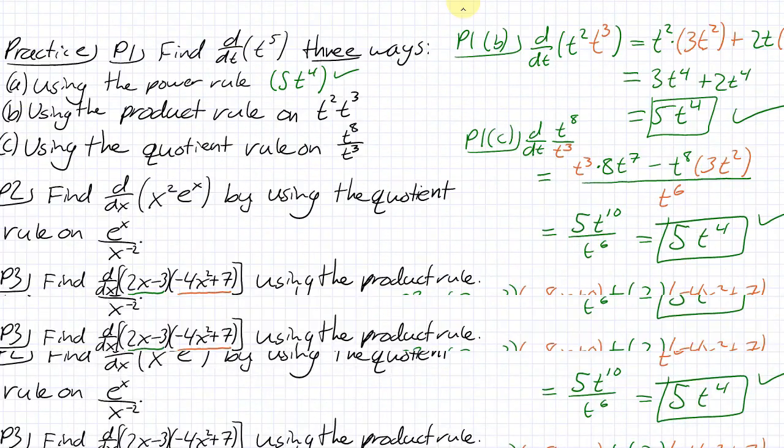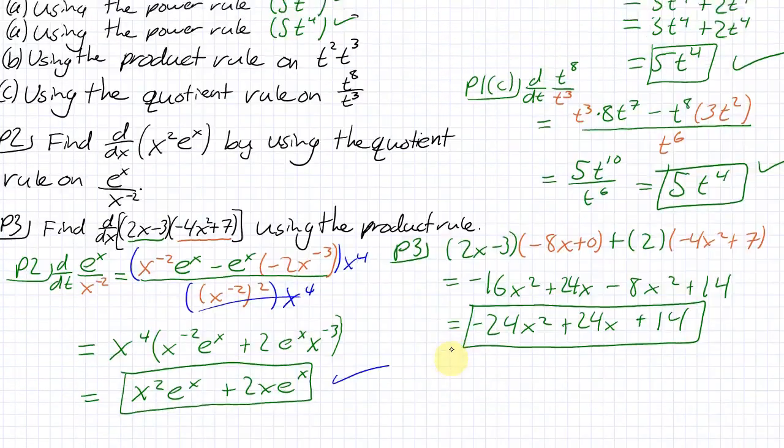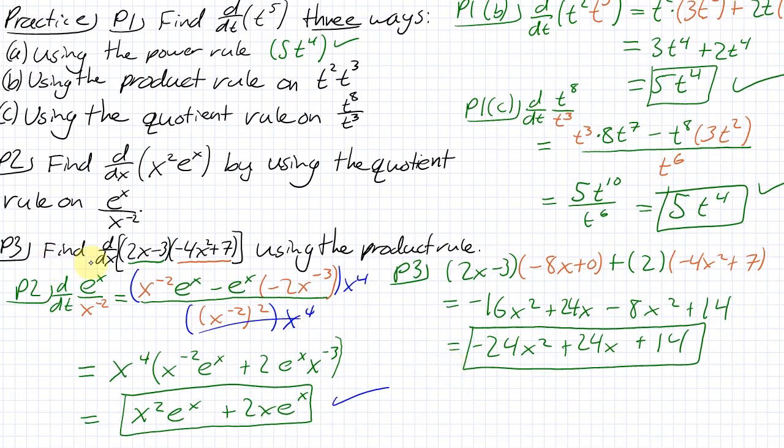Then, with practice problem 3 here, all I did was I wrote the 2x minus 3. I wrote the stuff from that in green and the stuff from negative 4x squared plus 7 in orange. So the derivative of the orange part becomes just negative 8x plus 0.